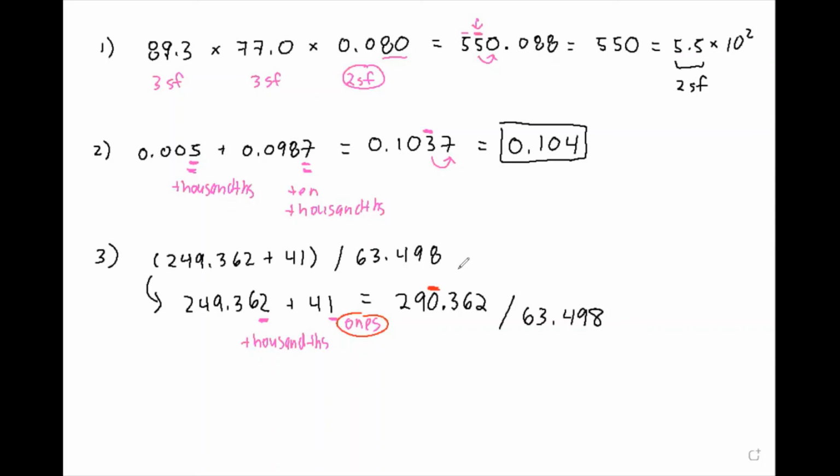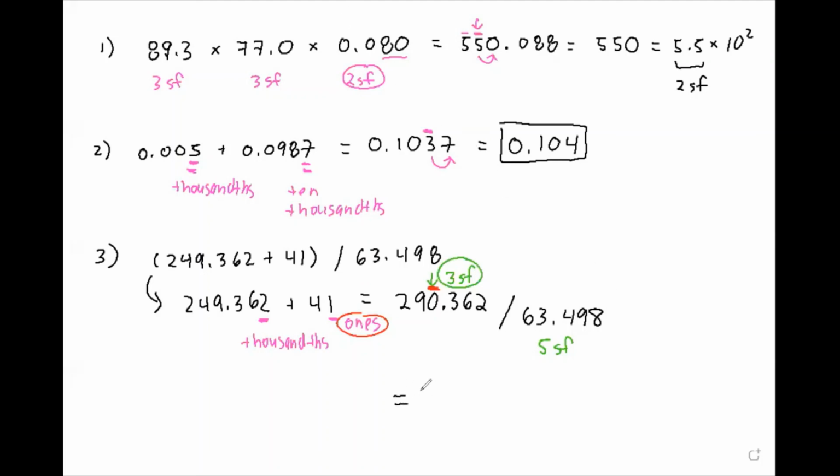So if I count up my sig figs, I have 3 sig figs in 290.362, because my last sig fig should be this 0 here. So I have 1, 2, 3. And then 63.498, I have 5 sig figs. So my final answer, when we round, should have 3 sig figs.